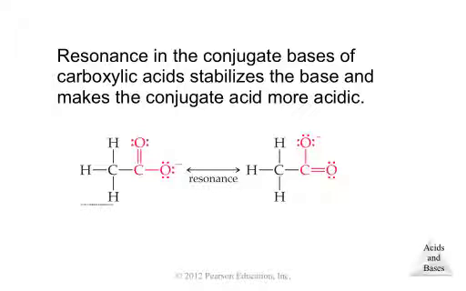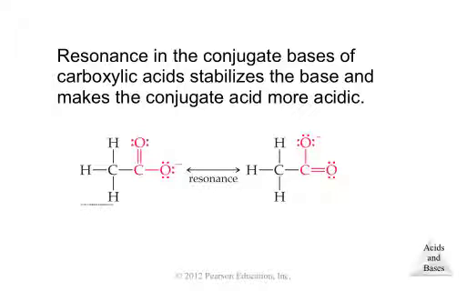And then one other thing that is going to affect acid strength is whether or not you have resonance, as when you have a carboxylic acid, and I'm going to talk more about this when we get to the examples. Resonance in the conjugate base left behind after you lose the hydrogen makes that conjugate base more stable.